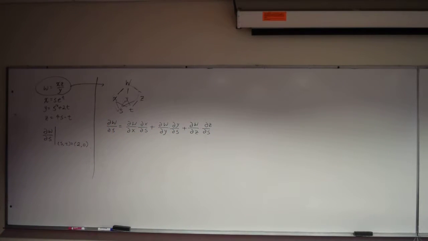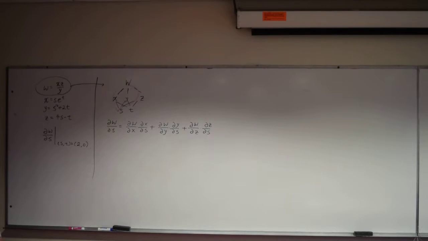Now we have to compute each of these partial derivatives, and then after computing them, our final goal is to evaluate it at (2, 0). Yes? What about z? It's only asking you for how w is changing with respect to s. I could also ask ∂w/∂t.